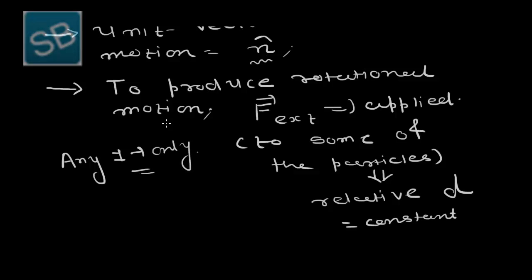So by applying external force on any one particle, the entire body will be affected by the torque. So this is one good advantage of the torque, and this is the only reason from which rotational motion exists.